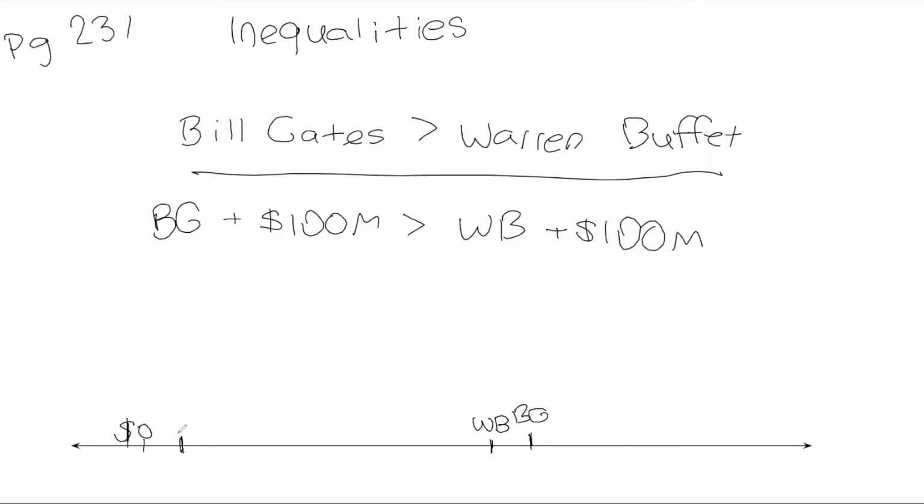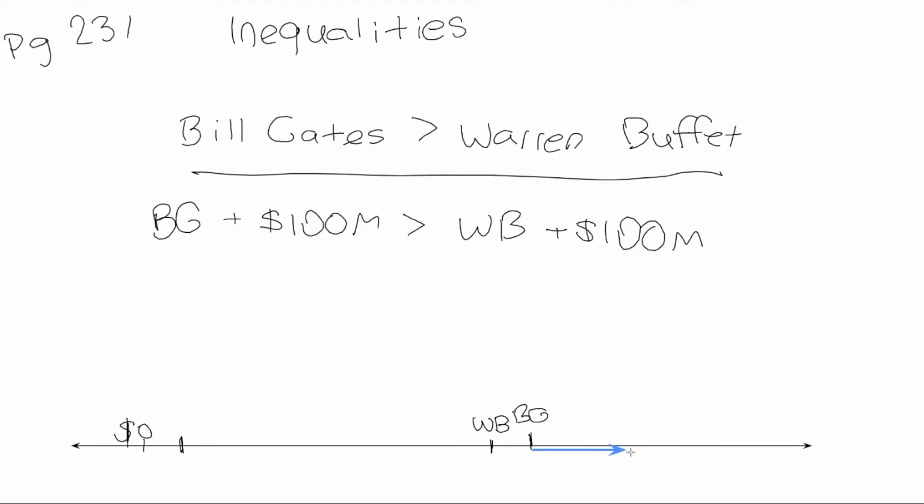My net worth is probably going to be sufficiently lower, but we know that they have the same distance apart. We know Bill Gates is greater than Warren Buffett. So we're discussing adding the same amount of money to both of their accounts. And we can probably do something like this. I like arrows to explain this topic.